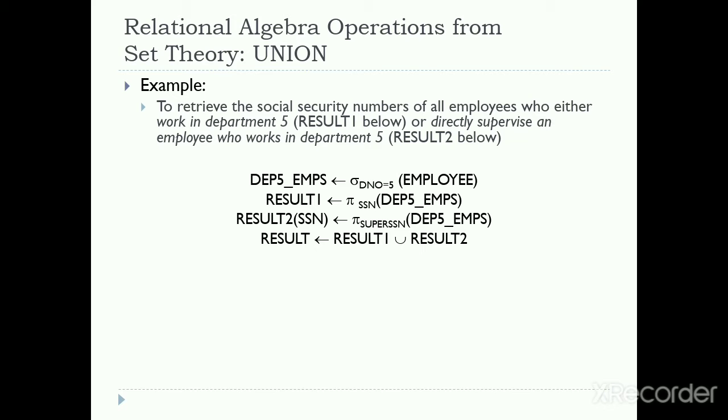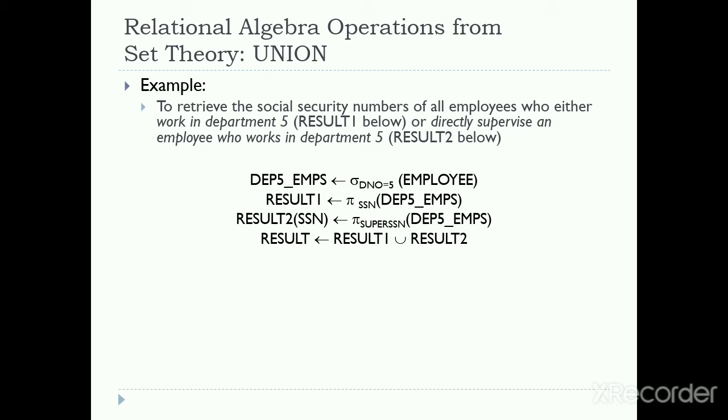Now for the second part, in DEP5_EMPS we have the tuples of employees working in department 5. From those tuples we fetch the Super_SSN, which gives you the SSN of the supervisors who are supervising the employees in department 5. Now we have the intermediate results result 1 and result 2.